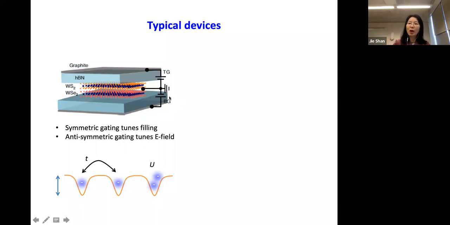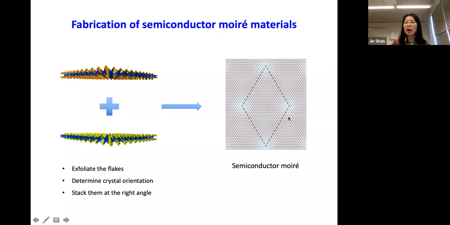So we have two parameters which can control two things independently. One is the total charge density in this moire. And we are going to use the unit of moire density. So if we go back here, you have this moire unit cell.